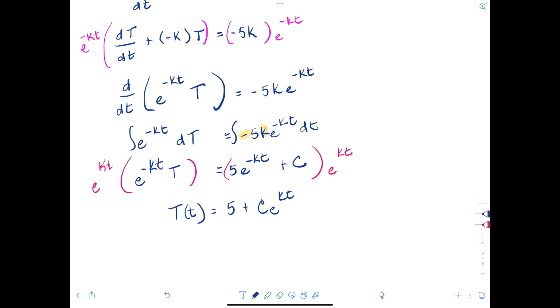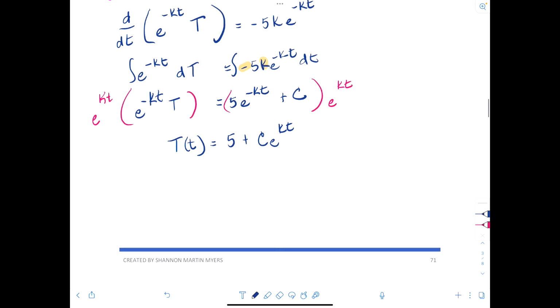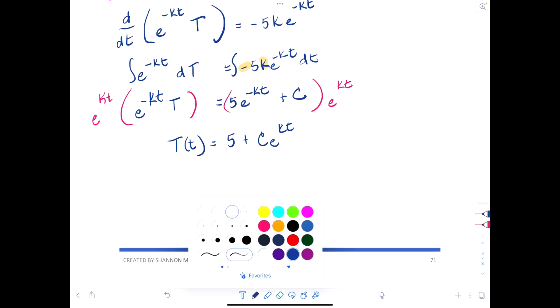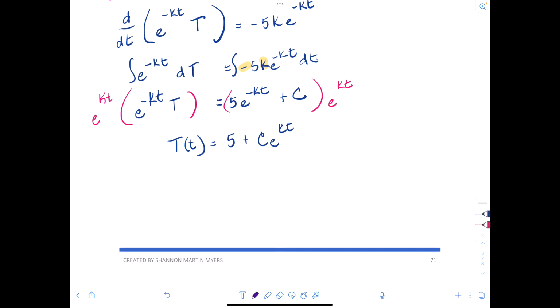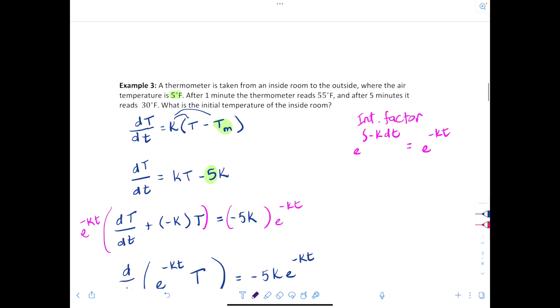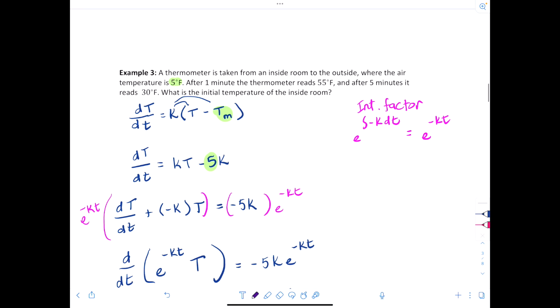We have quite a bit of information, but we need to find our k and we need to find our C. So let's take a look at the ordered pairs that we have. After 1 minute, the thermometer reads 55 degrees.